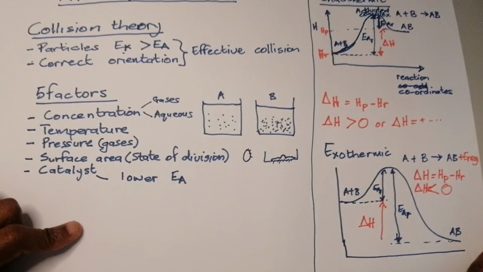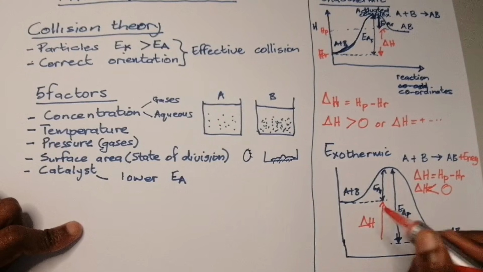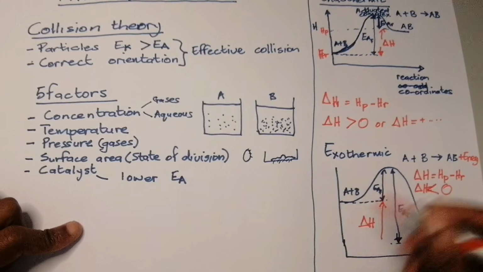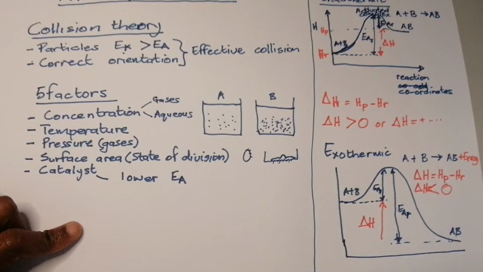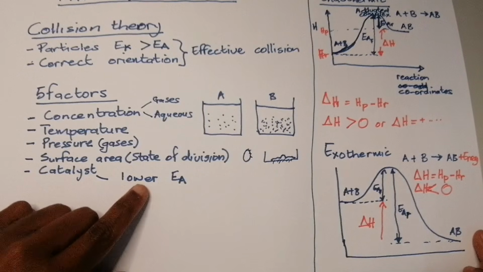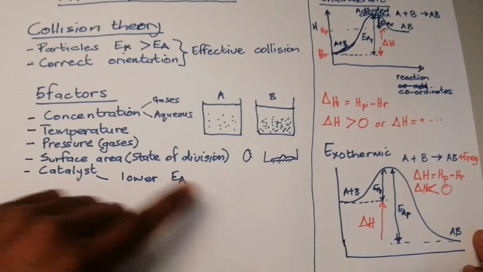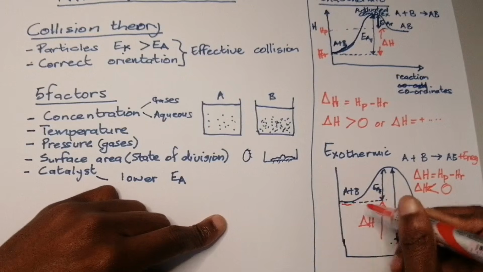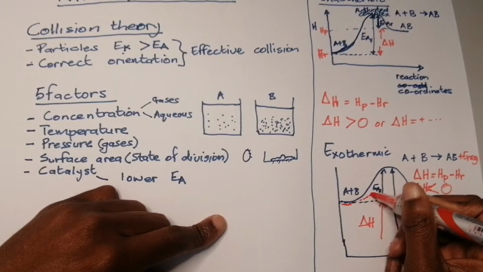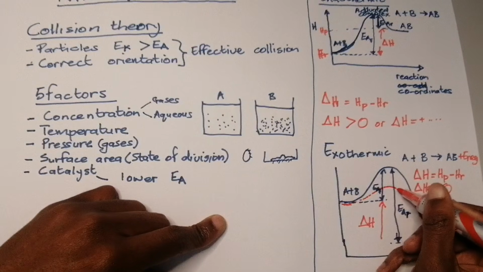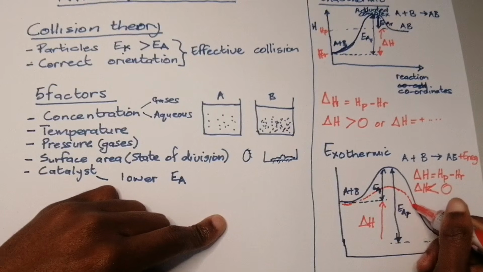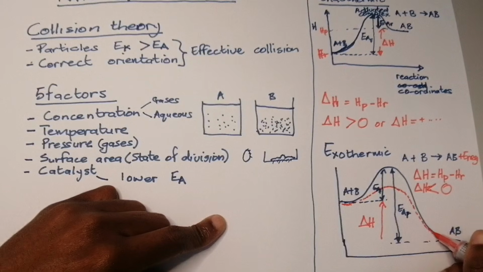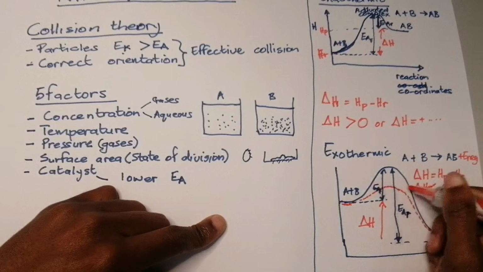Now, just one thing that I want you to notice, ladies and gents. What happens in these reactions when we now add a catalyst? You remember what we said a catalyst does? We said it lowers the activation energy, right? So in this case, when I add a catalyst, I want you to note we'll still get the same graph, but you'd notice that the actual peak, the activation complex, takes place at a lower peak.